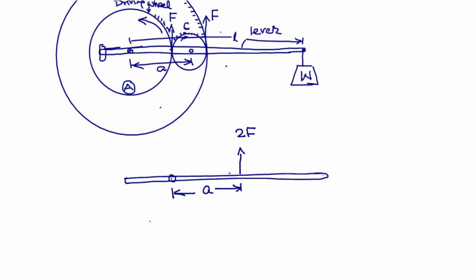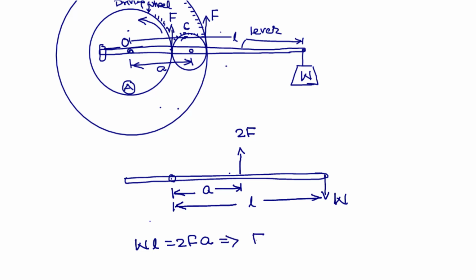It is balanced by the moment of the weight W at distance L. Now taking moment about the center O, W into L is equal to 2F into A, or the tangential force F is equal to WL upon 2A.